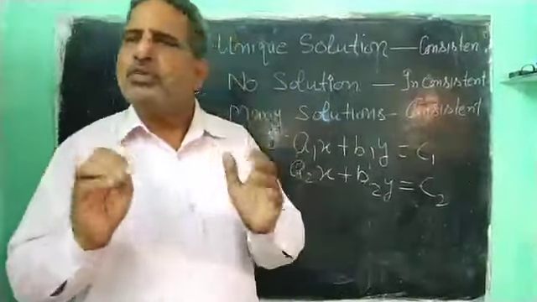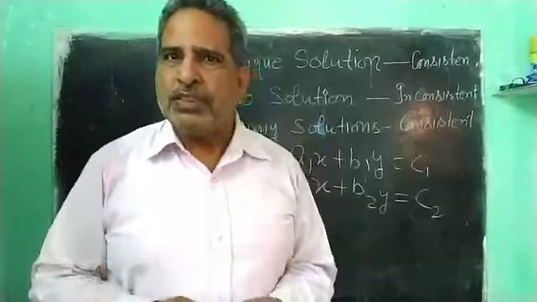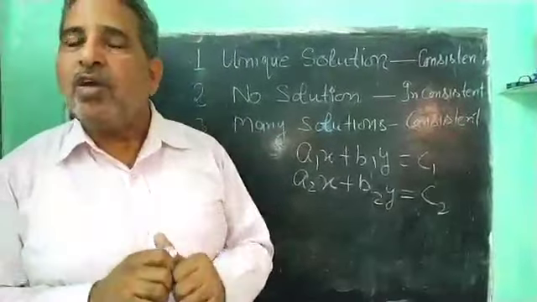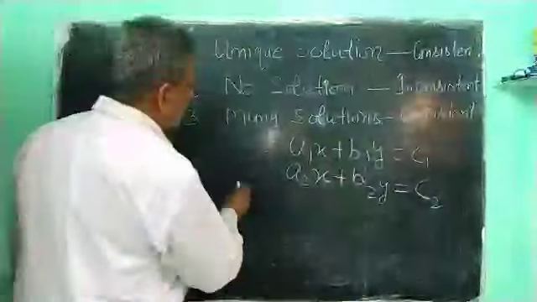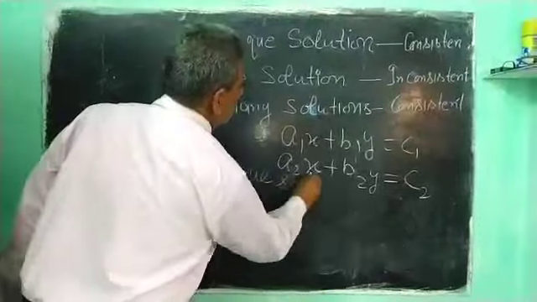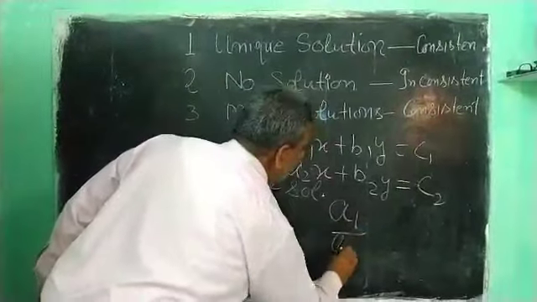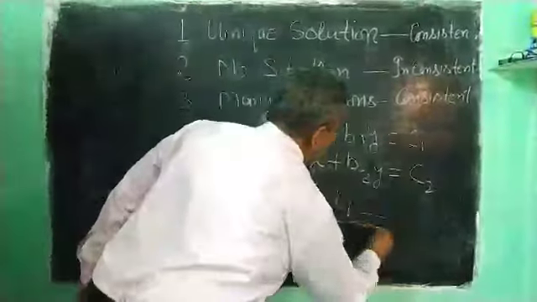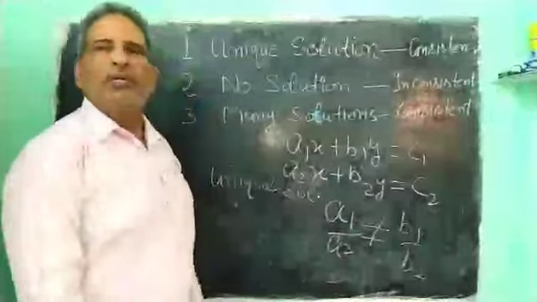Okay, for the first, that means unique solution. Suppose we are having two equations, we have to tell whether the given equations have a unique solution or not. So what do we do? For a unique solution, a1 upon a2 is not equal to b1 upon b2.